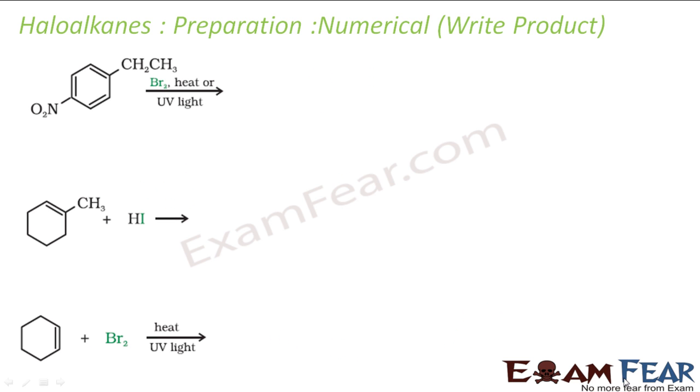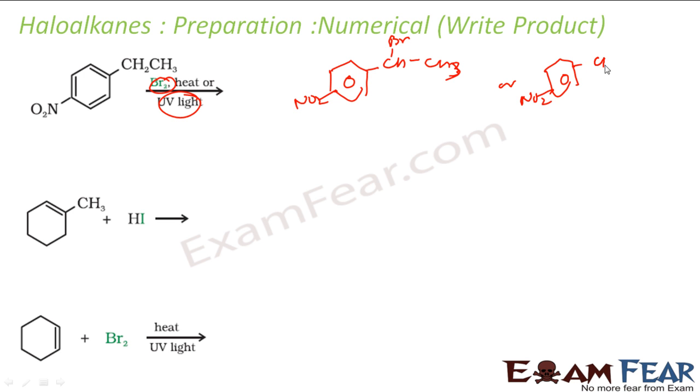Let's see this. I have the reactant with bromine in the presence of light, a free radical halogenation reaction. It will replace any of the hydrogens here. Let's say it replaced this hydrogen. It can also replace any hydrogen in this one. Let's take this one. HI, it's an addition reaction because there is an alkene here, right?